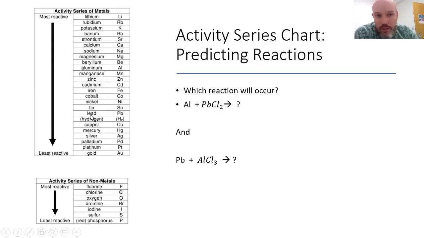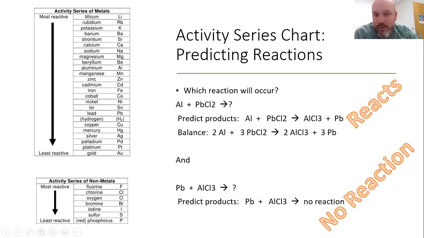So aluminum is higher on the activity series, which means that aluminum will replace lead, but lead will not replace aluminum. So if we look at our final results here, yes, aluminum will react with lead chloride. It's going to replace the lead, and now the lead is going to be a single element by itself.